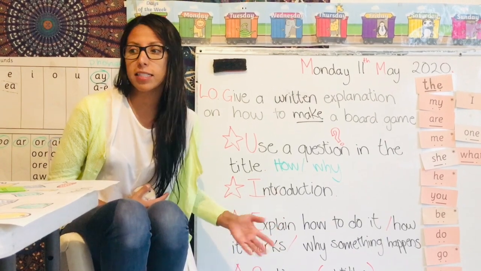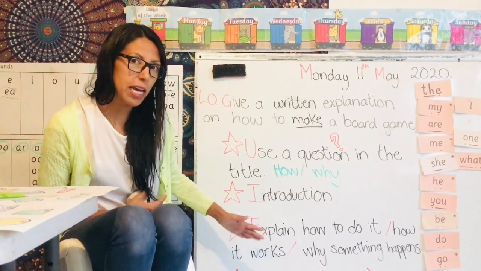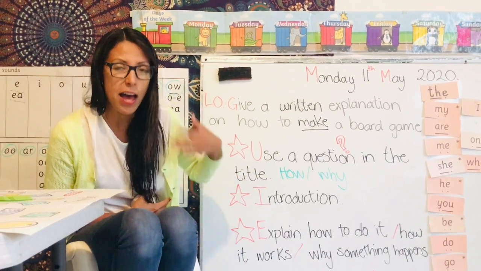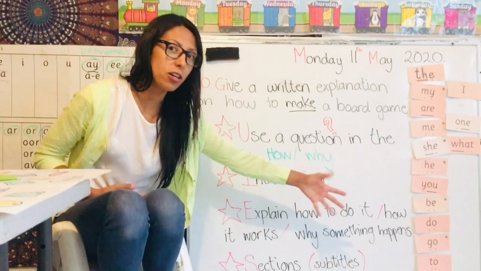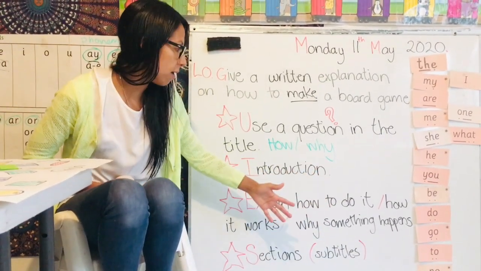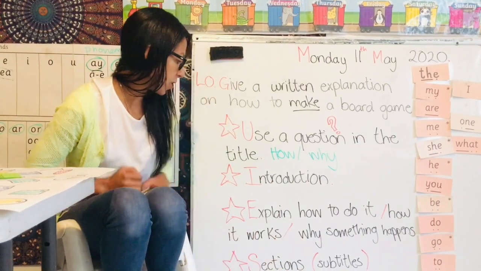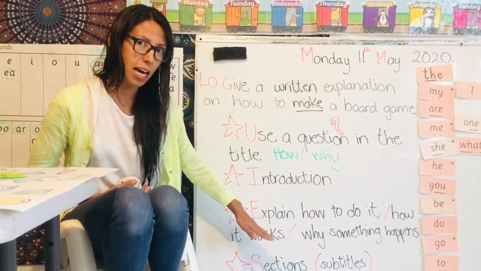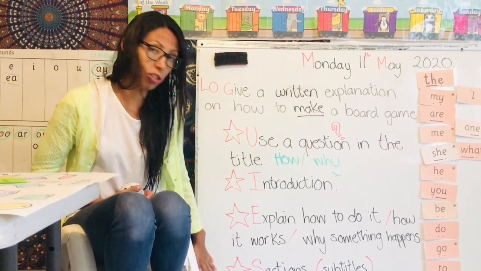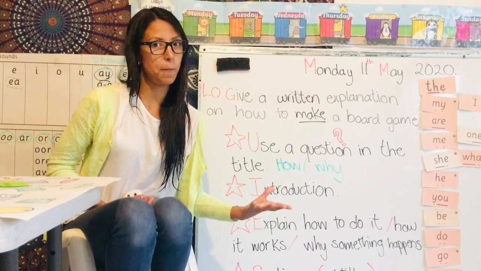So if our title is how to make a board game, now we're going to explain step by step how to make this board game. An explanation can also contain how something works or why something happens, right? So this information has to be divided into sections that can also be called subtitles.